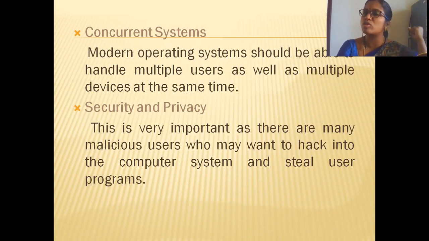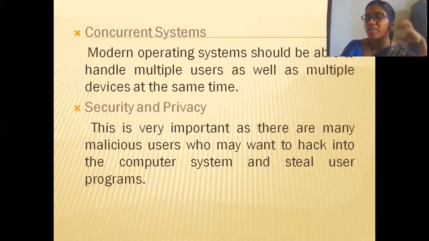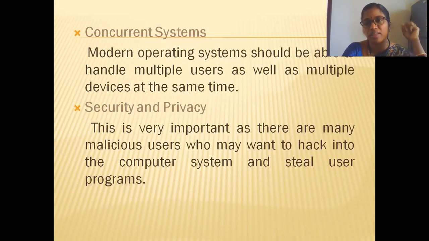The persons who want to steal any of the digital information provided in the computer. So the operating system has to provide the security to stop somebody hacking our information provided in the computer. So this is another design issue of an operating system.